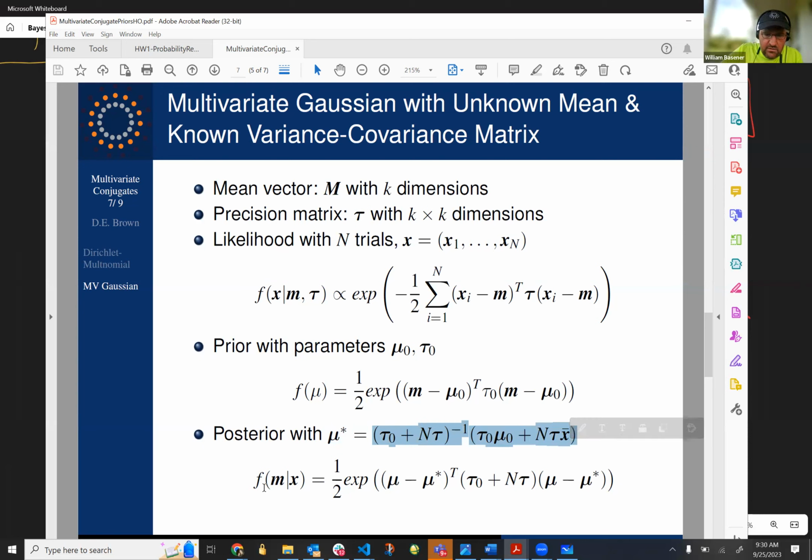And then this is the probability distribution for the posterior given the data, and it's a PDF. The f means that we're looking at the PDF here, and it's a PDF on the mean.